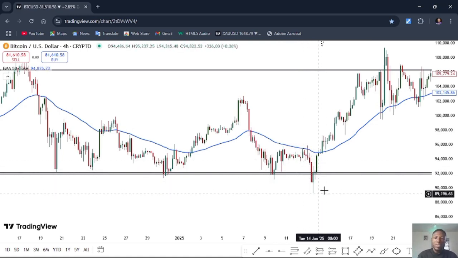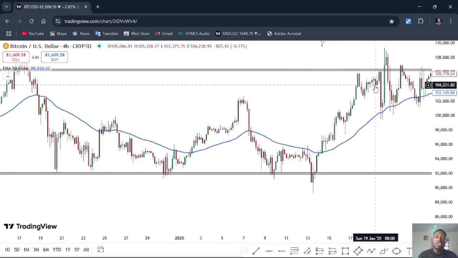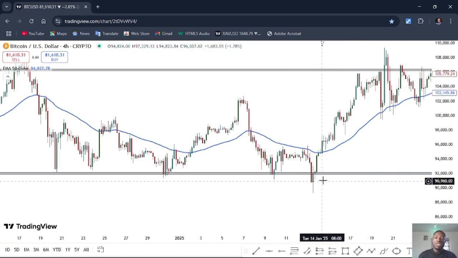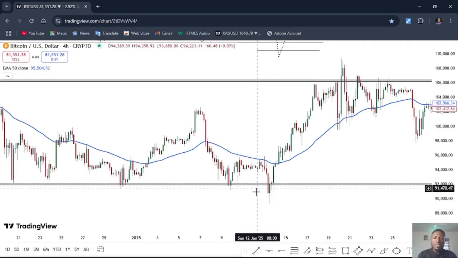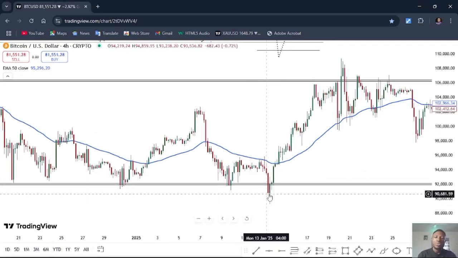Another way to avoid market manipulation, or your stop loss getting hit then price going in your direction, is to watch out for fake outs. This right here is an example of a fake out. So guys, this is what market manipulation is all about.